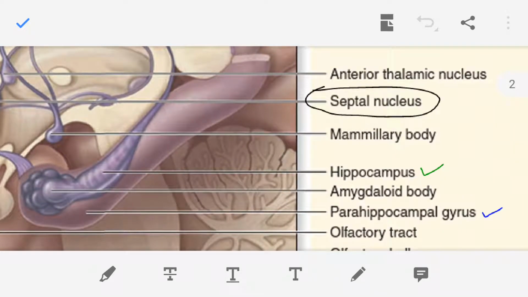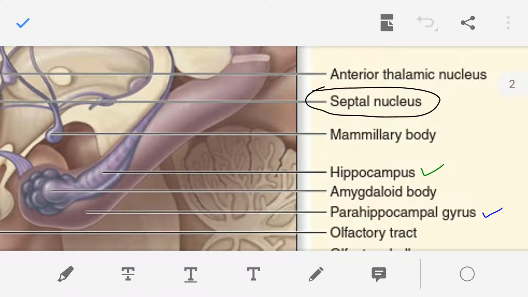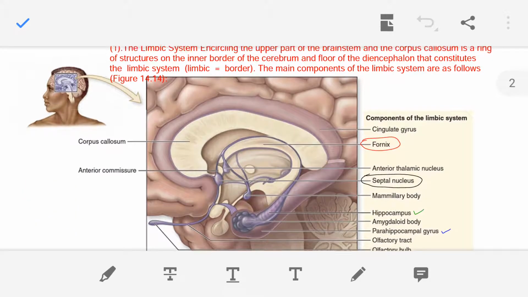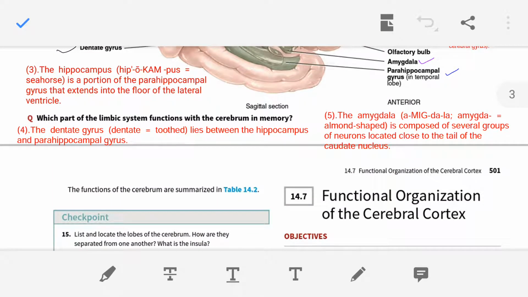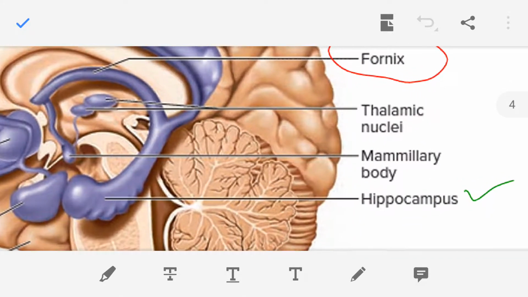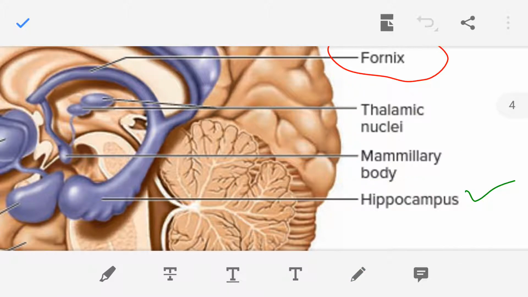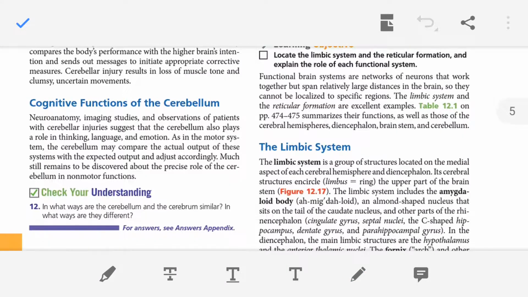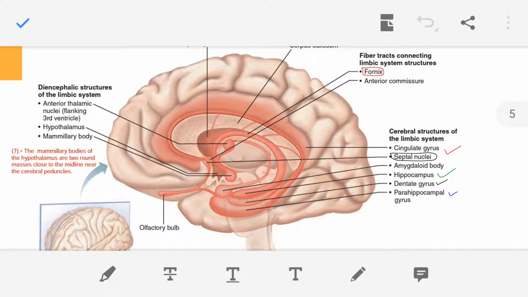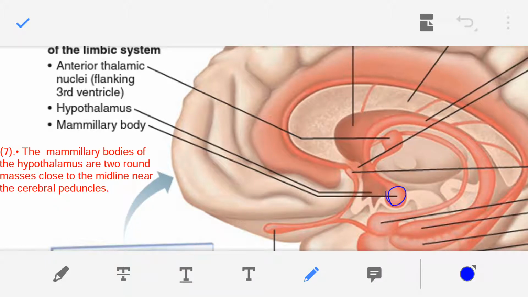Now here in this figure, mammillary body. Okay, mammillary body. Okay, mammillary body.